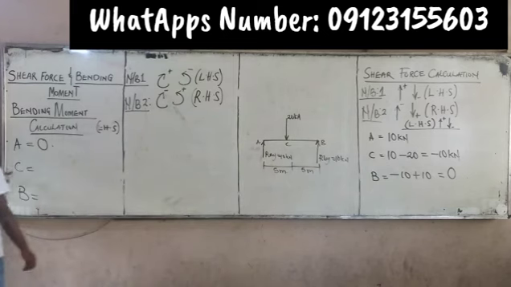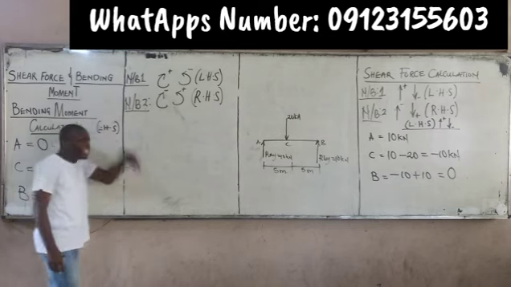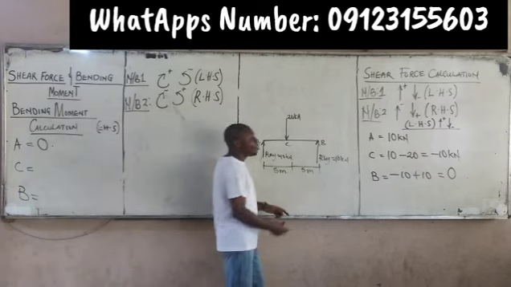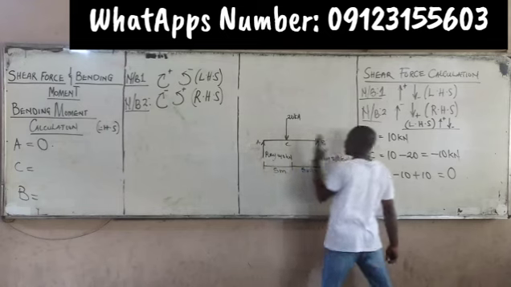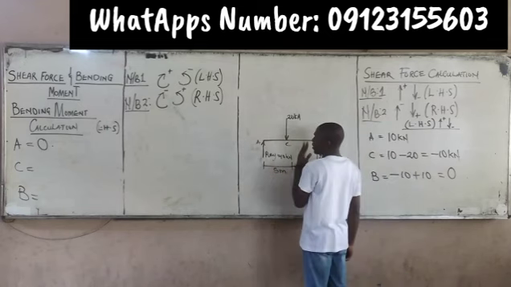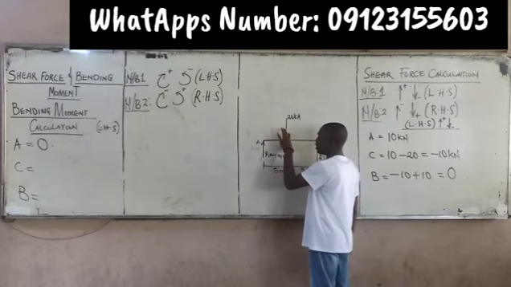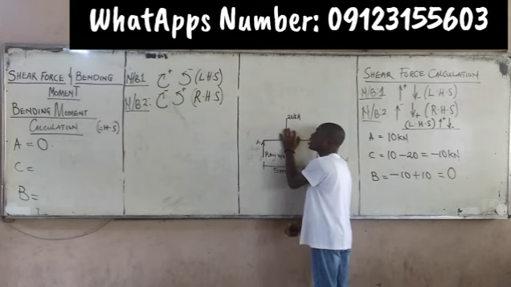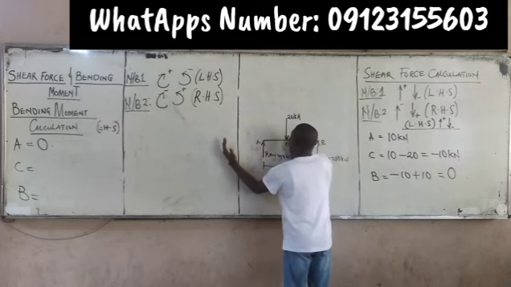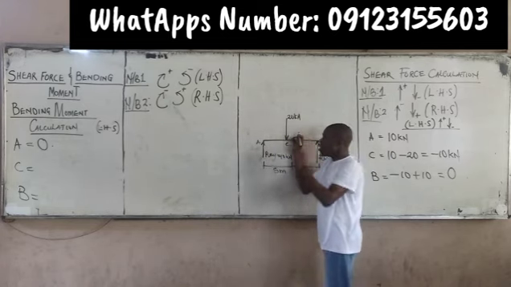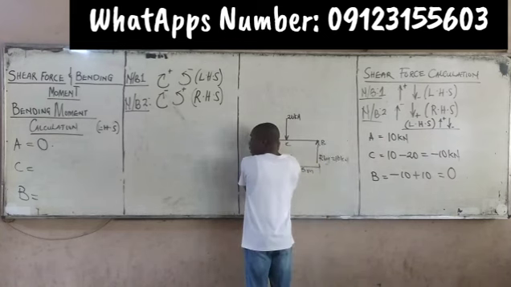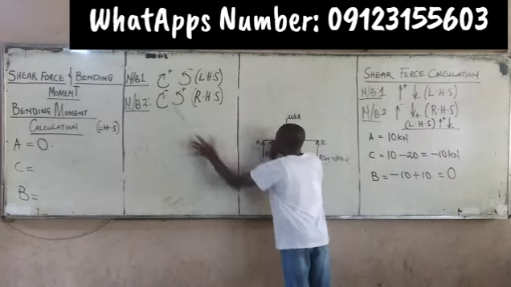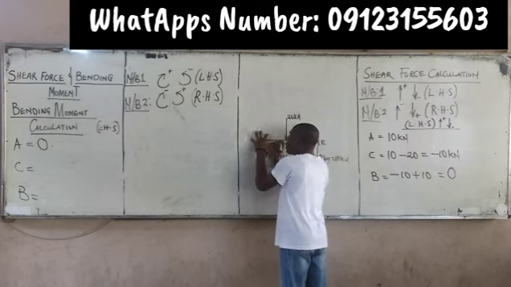For C, if I take moment at C, of course, C is also 0. But I'm moving from the left hand side in this manner. Which force am I seeing that's coming up to C? For A it becomes 0, because there's no force here, nothing is coming to A.